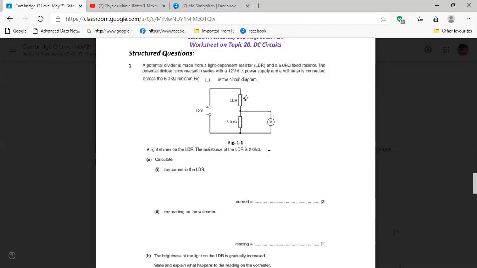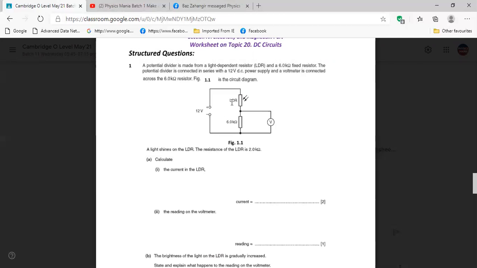Okay, so if it is 2 kilo ohms, then the other is 6 kilo ohms. Then you are getting the one thing you got, that is the series circuit. Everywhere the current remains the same, right? Yes, sir. There is only a single path, so everywhere the current is the same.